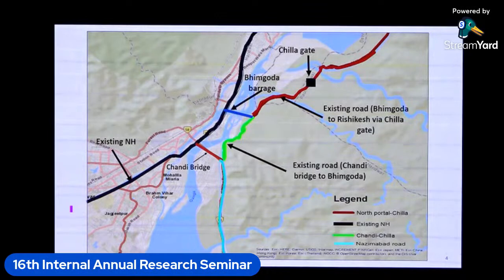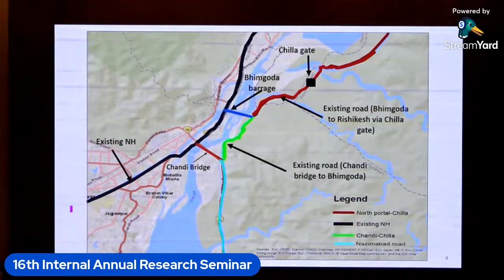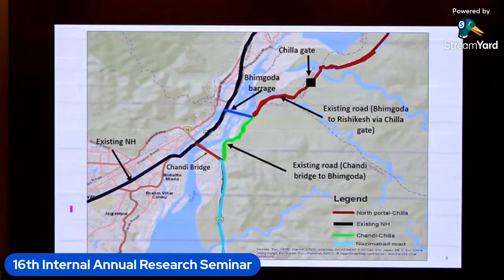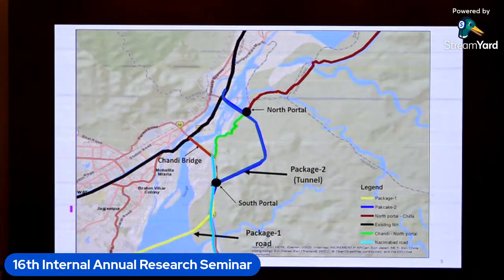And this green road is the same patch, going from Chandi Bridge to Bhimgoda Barrage. And this sky blue line is the Najibabad Road. So these are the routes proposed in the four-lane Haridwar bypass project.